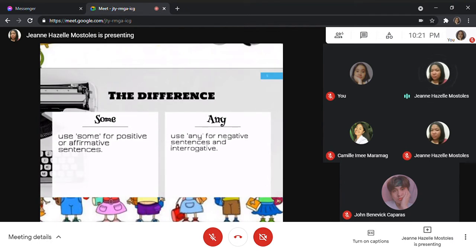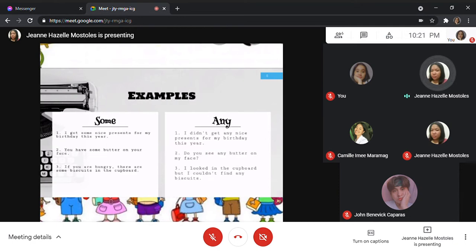Some is used for positive and affirmative sentences, and any is used for negative and interrogative sentences. The negative sentences are the sentences that contain the word not, and the interrogative sentences are questions. I have here some examples for you to understand it more.